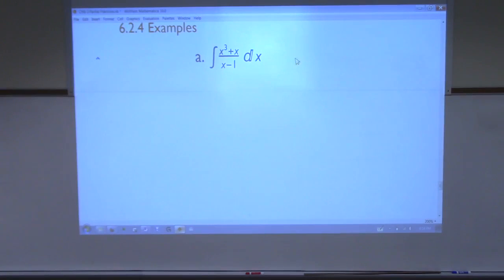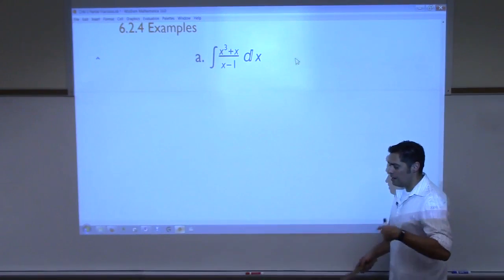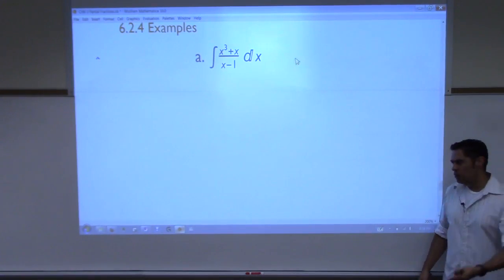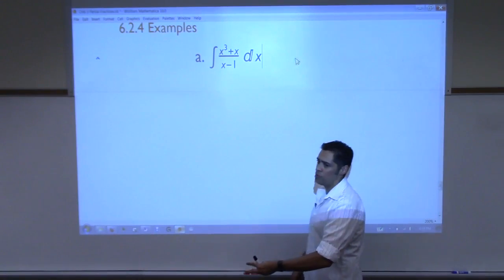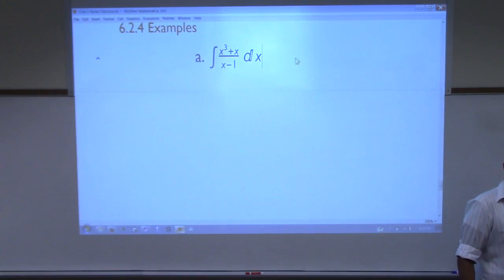All right, we have a rational function. We want to integrate this. Now, we would have to go through our ideas: basic u-substitution, integration by parts, trig substitution, right? All these different ideas.